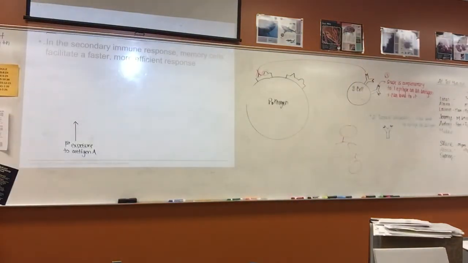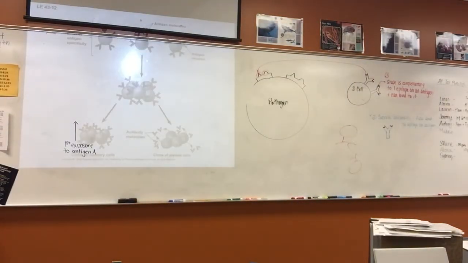Yeah, absolutely. So going back to this picture here, when you first get this antigen in your body, it first has to match up the antigen, that shape, or the epitope, if there's more than one shape on the antigen. Epitope is one of the shapes there, with the correct B cell, and then stimulate that B cell to divide and then differentiate into your plasma cells, which then have to secrete antibodies.